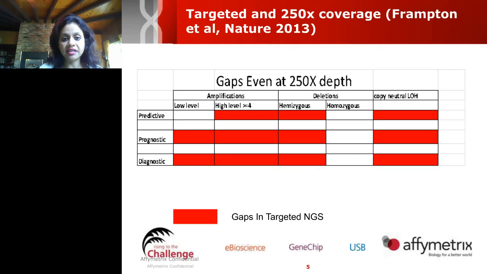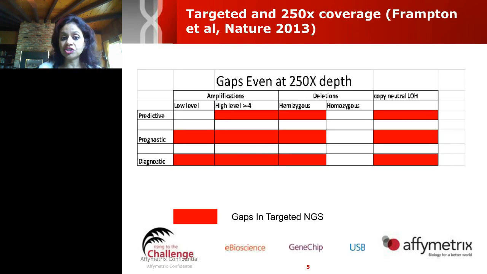What you see here is that even according to the paper, even at 250x depth, lower level amplifications, meaning any amplification that is less than 8 copies, may be missed. The other important category that is missed is hemizygous deletions. And of course, it's very challenging at 250x to detect any copy neutral LOH.